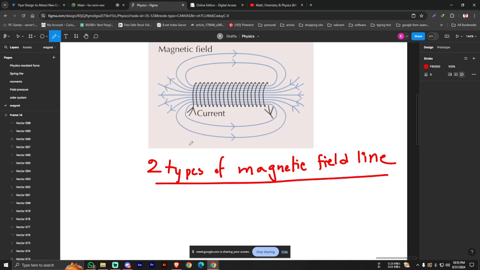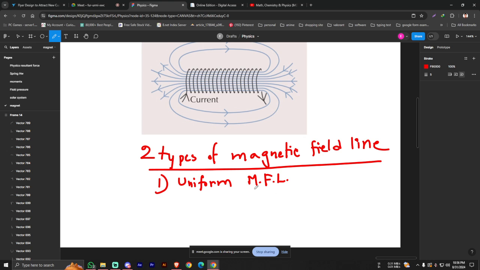So there are two types of magnetic field line. One is the one that is being curved, or we can say the first one is the uniform field line. First we write the uniform field line, or uniform magnetic field line we can say. So I'm writing in short, MFL, magnetic field line.